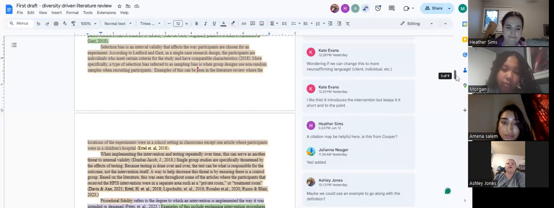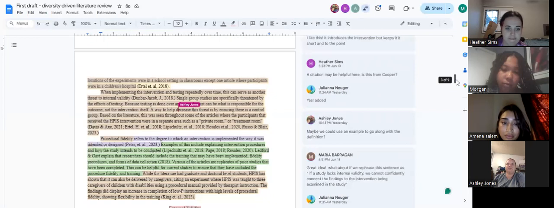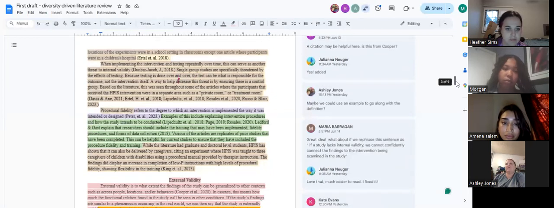For the competing interventions and the testing repertoire over time, Kate commented that it was great how she explained it from the study and was able to put it in layman's terms also.